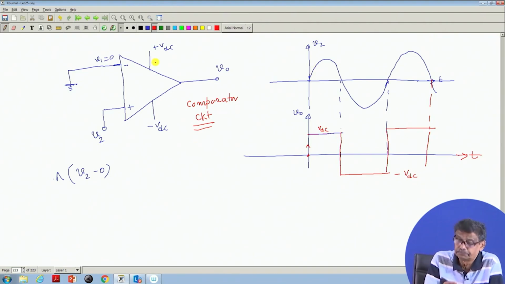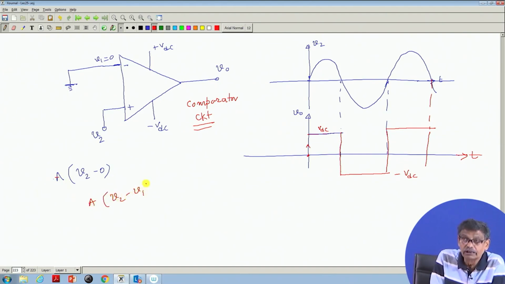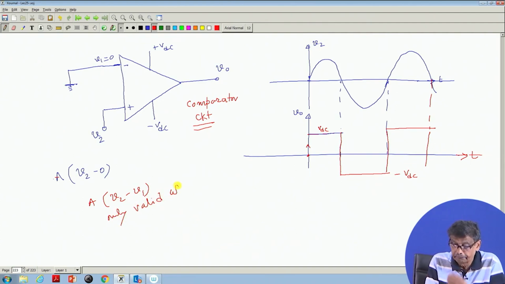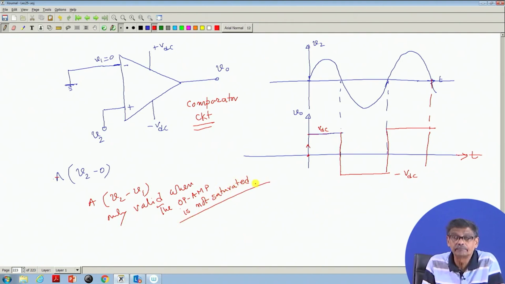That relationship, A into V2 minus V1, is only valid when the op-amp is not saturated. Clear? So, this is the thing.